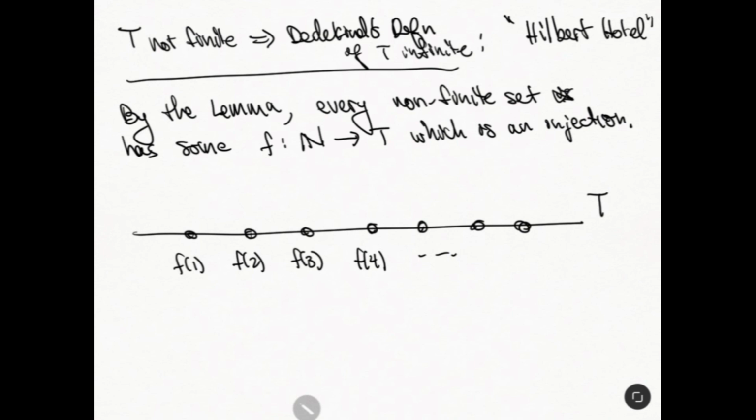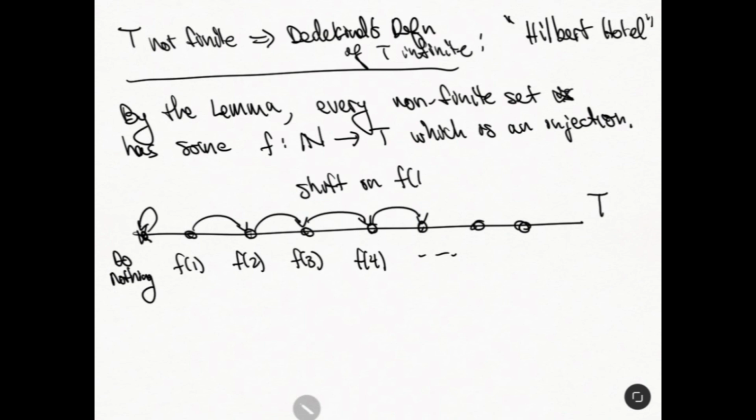For points that aren't in this image of f, I'm just going to map them to itself and do nothing. So it's going to be the identity. And then we're going to do the Hilbert Hotel thing where we shift everything on the image of the natural numbers. So we're going to do this successor function.